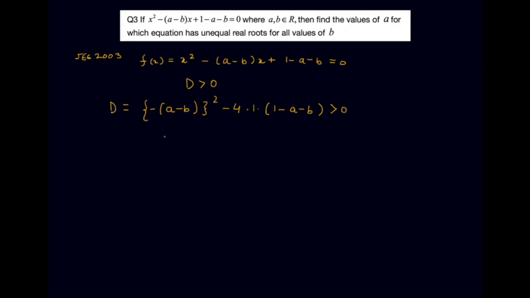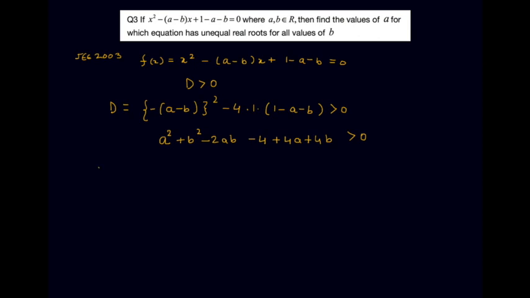On further simplification, we have a square plus b square minus 2ab minus 4 plus 4a plus 4b greater than 0.